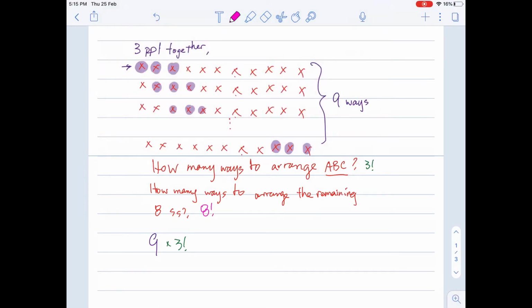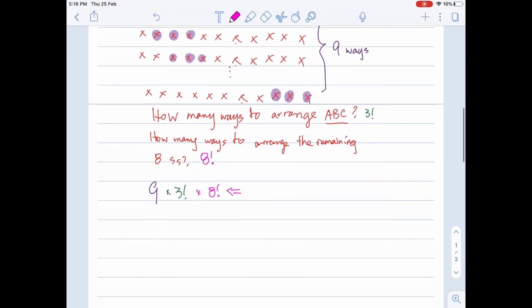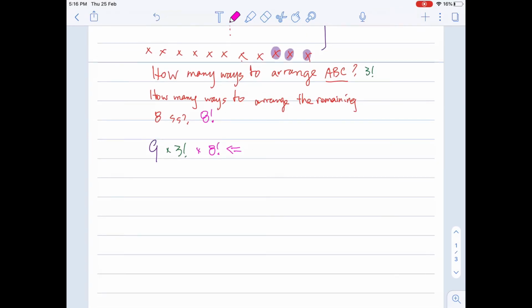So let's write that as well. This is the number of ways to arrange Adam, Brad, and Chris together among the 11 players. And how many ways are there to arrange those 11 players? You probably have guessed it. It's a no brainer. It's 11 factorial because there are 11 of these players.